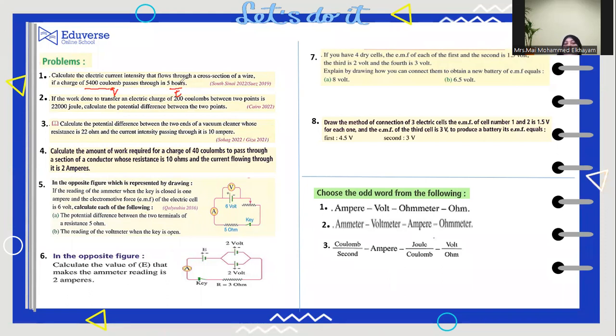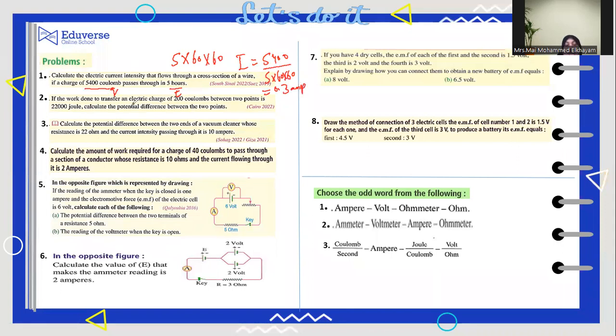Time is in hours. I have to change it into seconds. So it is 5 multiplied by 60 by 60. Therefore, I equals 5,400 divided by 5 multiplied by 60 by 60. Use your calculator. Yes, it will be 0.3 ampere.